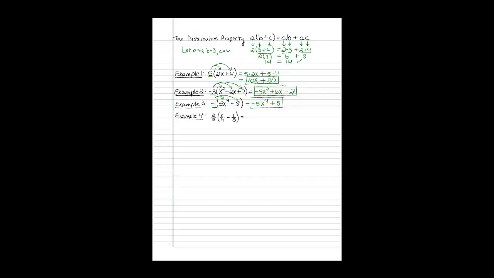Now example 4 is going to work the exact same way. The only difference is we have fractions. And it's going to follow the exact same set of rules. So we're going to take this 2/5 and multiply it by x over 4. So 2/5 times x over 4.